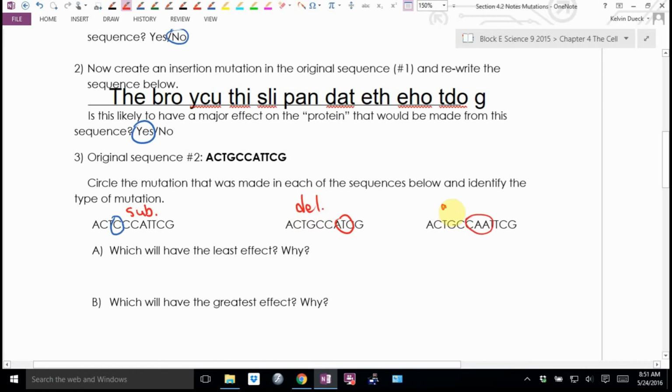This is a deletion. That's an addition mutation. Okay. Which one will have the least effect? That one. Which one will have the greatest effect? Probably that one, but yeah, we need more information. Is that okay, Cole? Let's talk about how all this works and some of the consequences then.